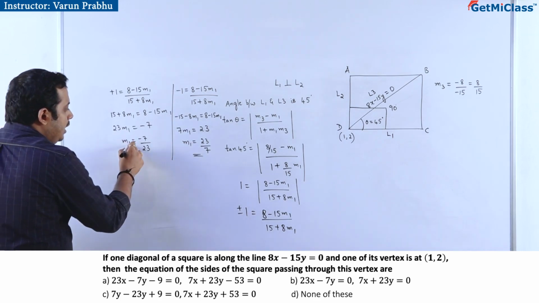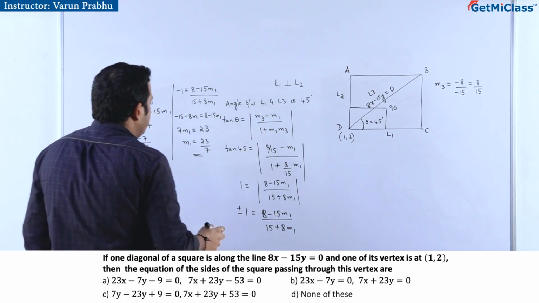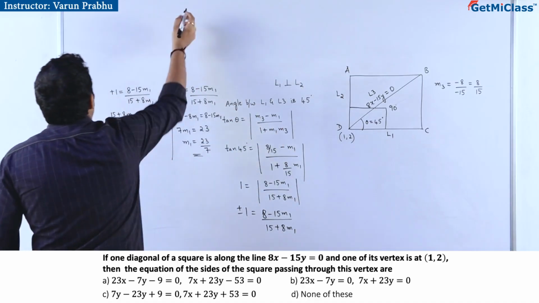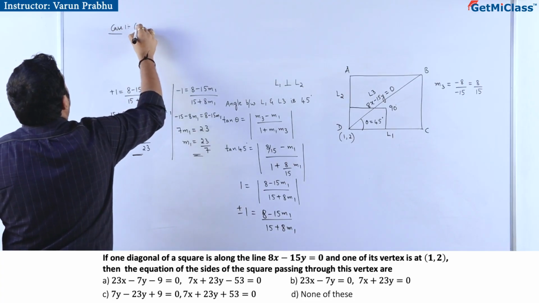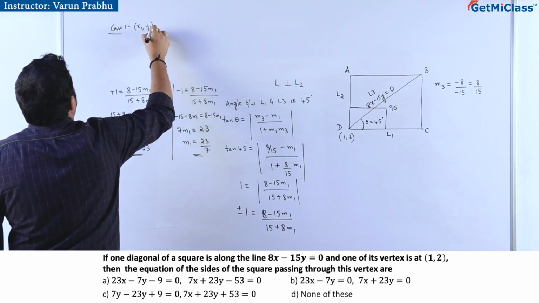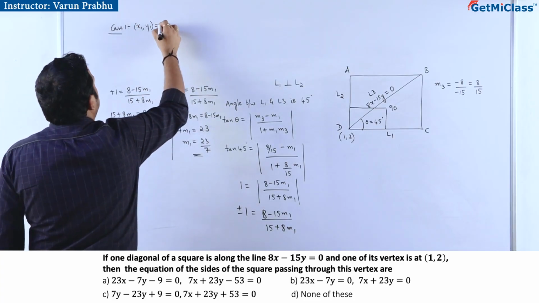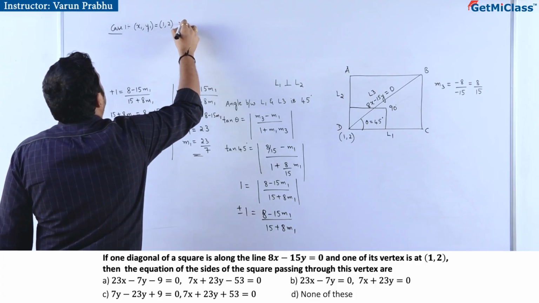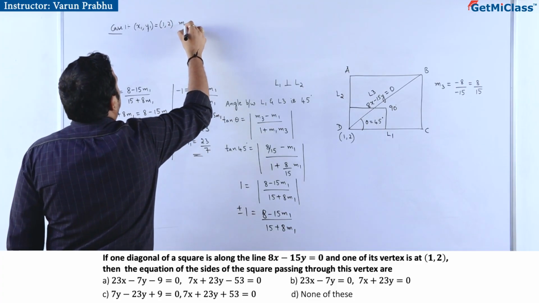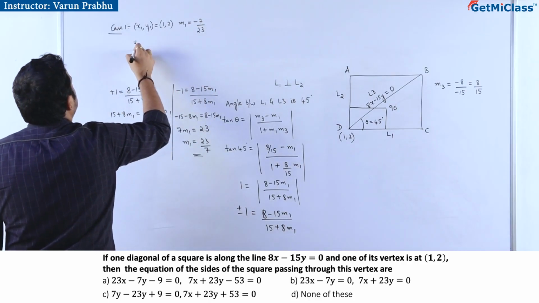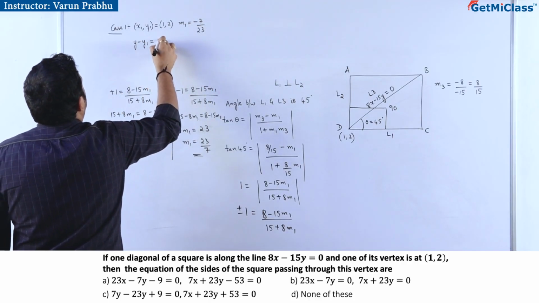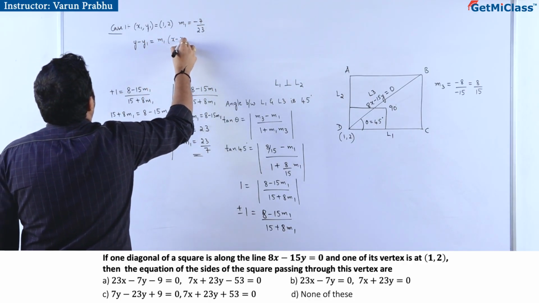So you calculate the equation of the line passing through this point. Case 1: (x1, y1) is the vertex through which the side passes, 1 comma 2, and m1 is equal to minus 7 divided by 23. So y minus y1 equals m1 times (x minus x1).